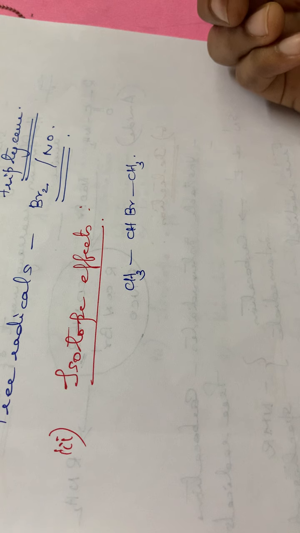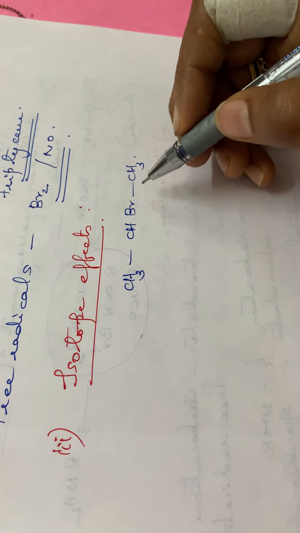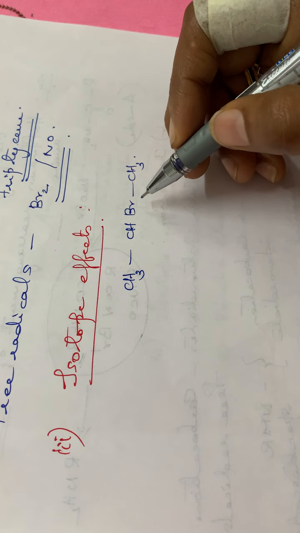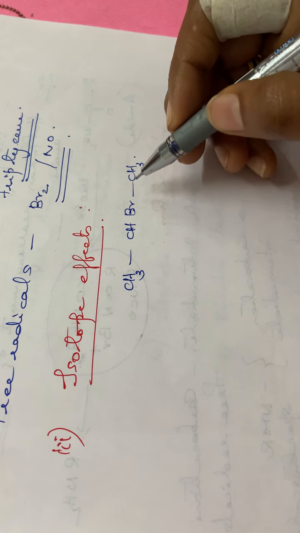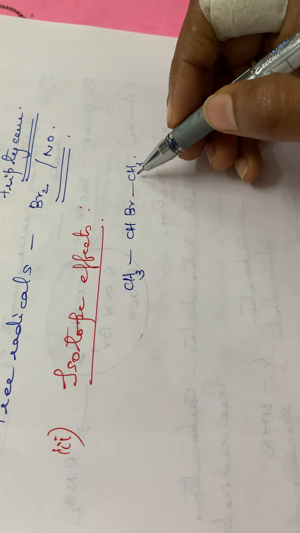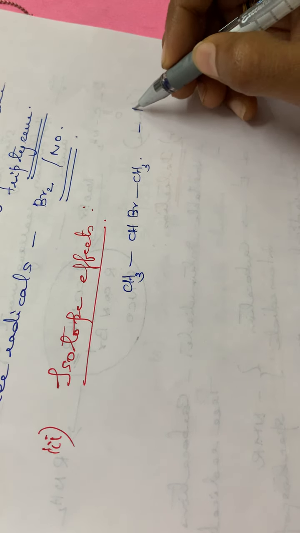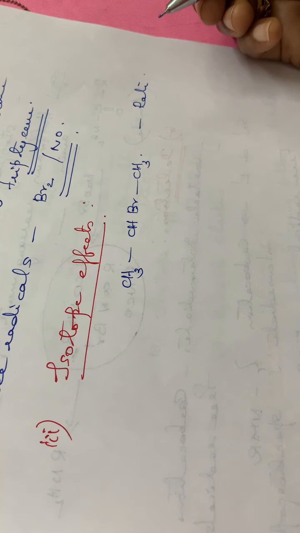Okay, and if dehydrohalogenation is taking place with this particular compound, one hydrogen atom and one bromine atom will be eliminated, and we will be having a double bonded compound. Okay, so there we will be writing the rate of this particular reaction.